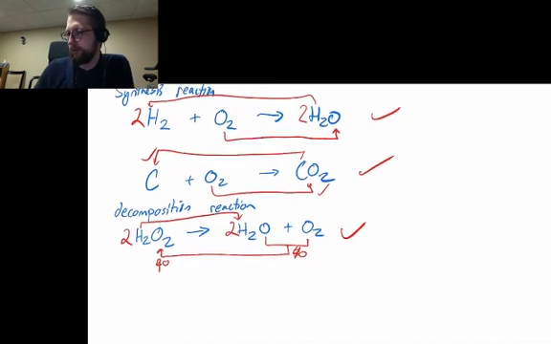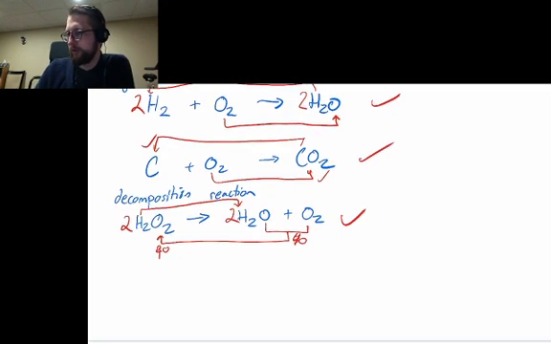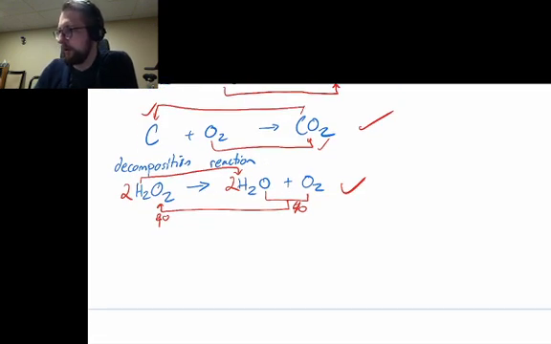So let's get one more decomposition reaction in here, and then we'll go to combustion and the newest reaction, which is the neutralization reaction. Another decomposition. Let me think. How about... No, that one looks too tough. Calcium carbonate's not a bad example.